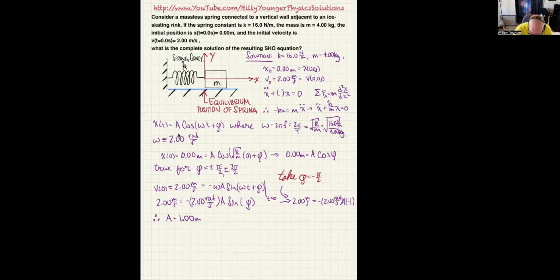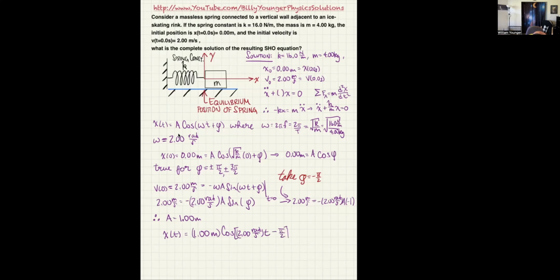We're going to take that, and we'll now say that x of t is equal to 1.00 meters times cosine of 2.00 radians per second times t minus pi over 2.